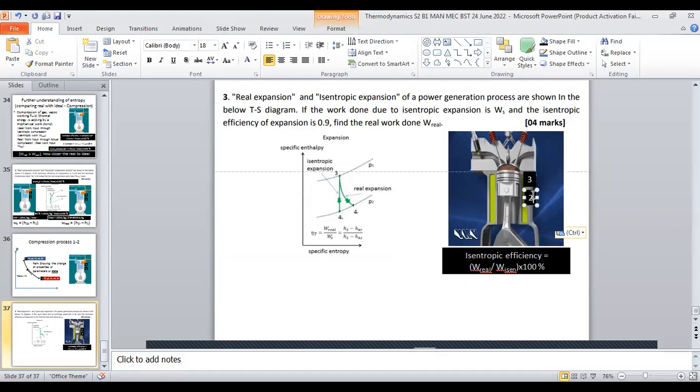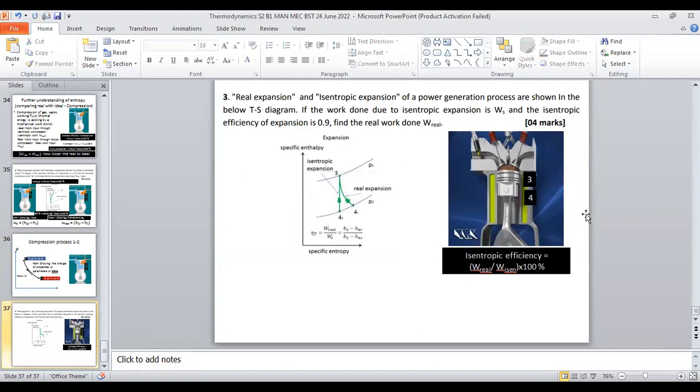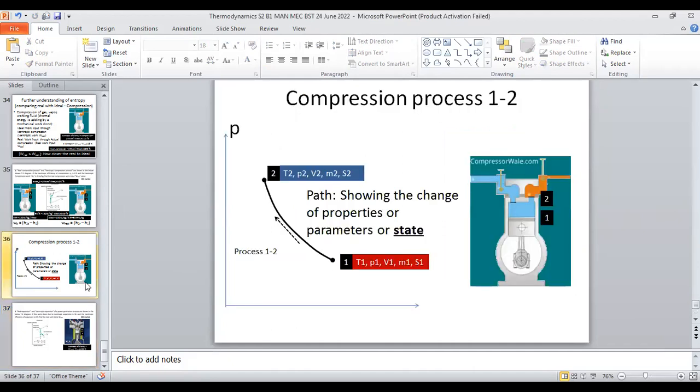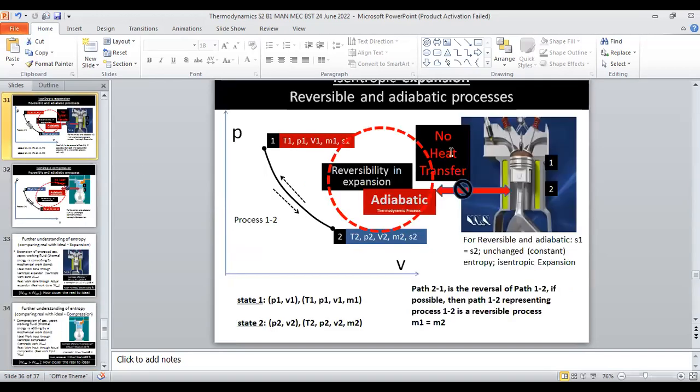At 3 the expansion or the work done starts, at 4 it ends, meaning the exhaust opens. Somehow it's designed in this way. So 3 to 4. Same way as compressions, we will look for the expansions.